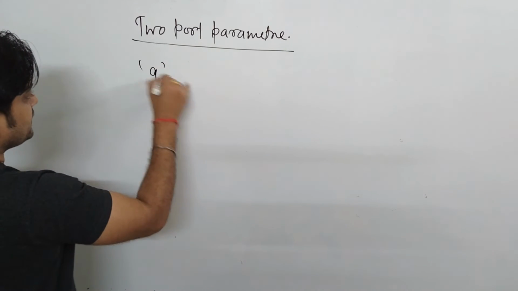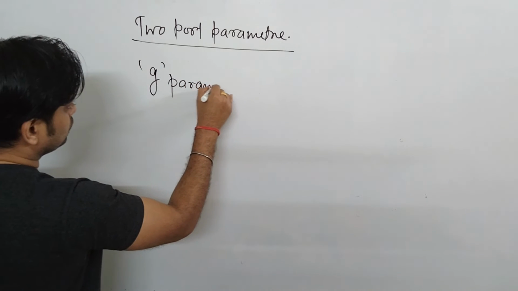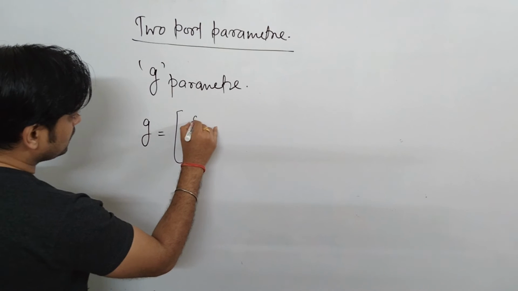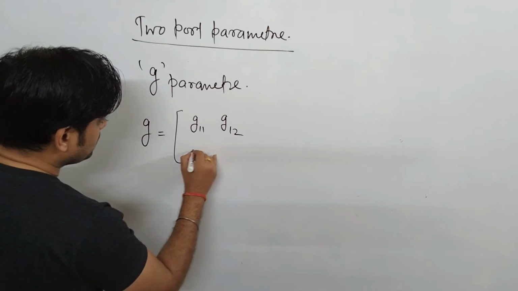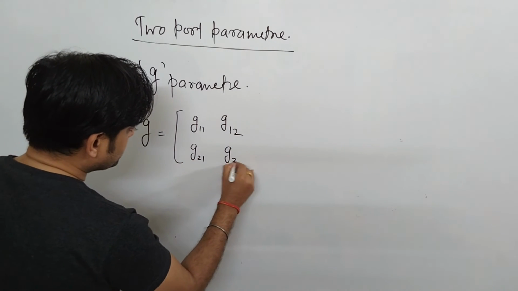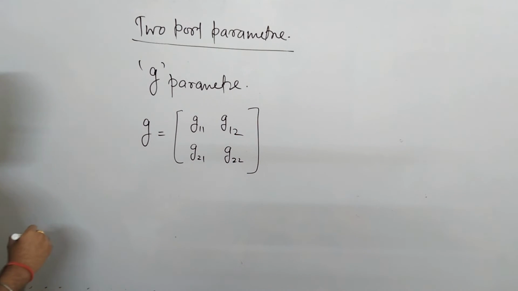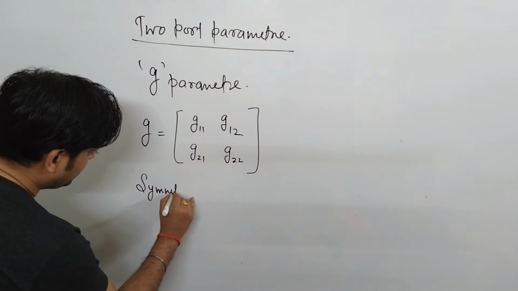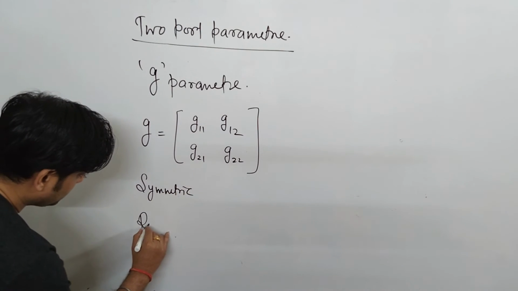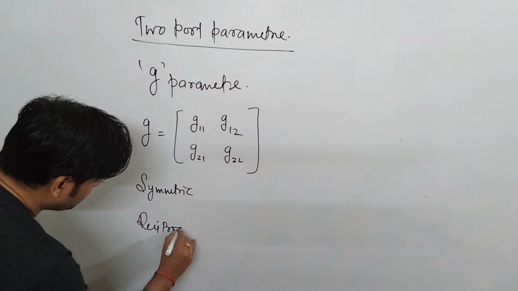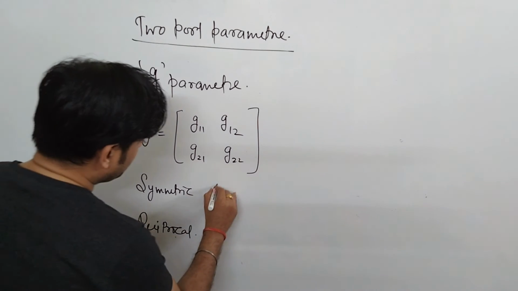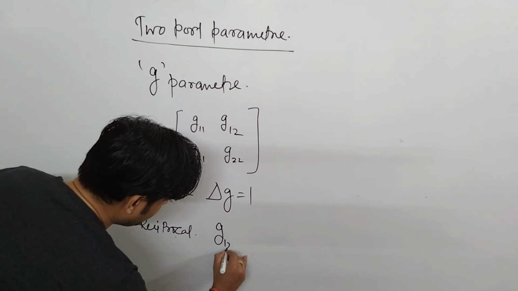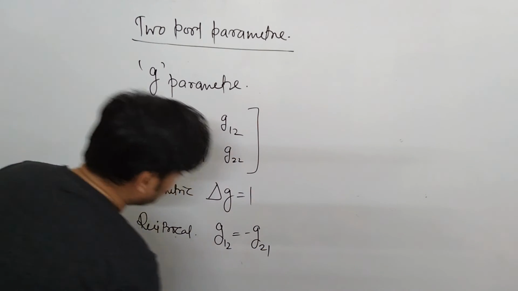In case of G parameter, the G matrix was given by G11, G12, G21, G22. So if you talk about the condition of symmetric and reciprocal, here it is del G equal to 1 and here it is G12 is equal to minus of G21.